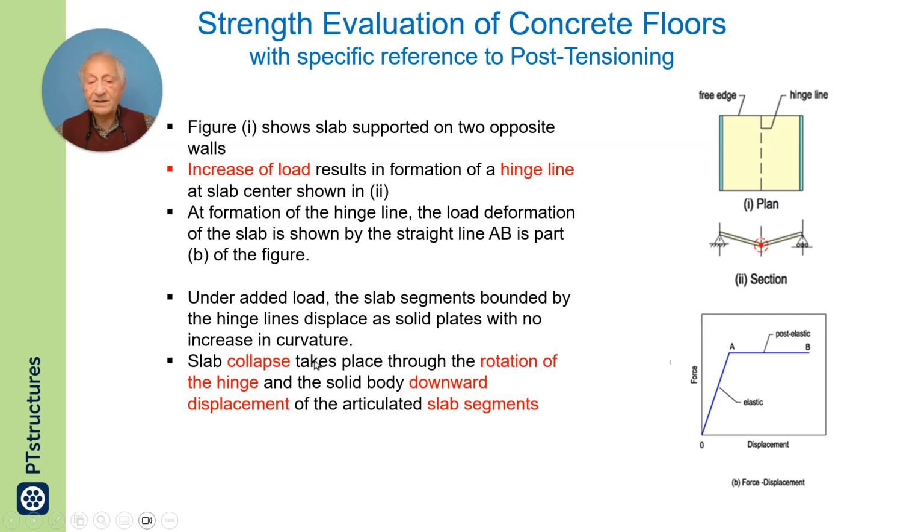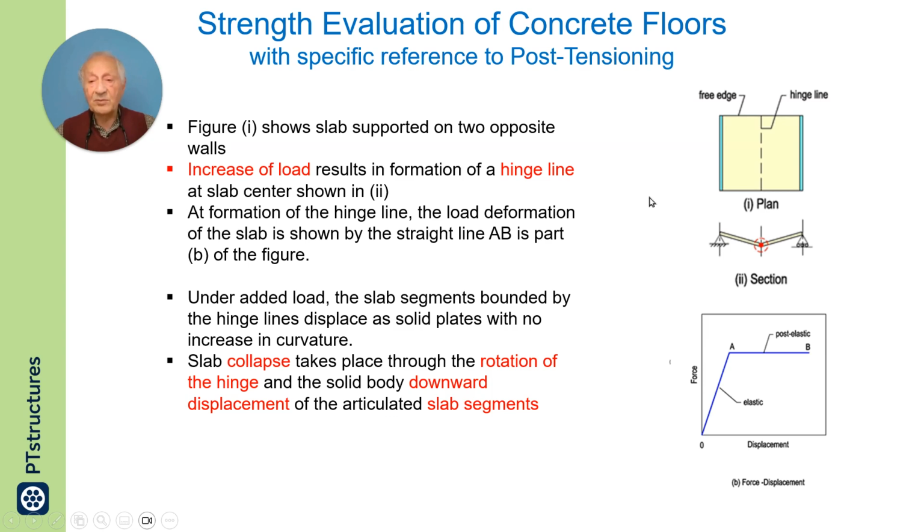Under added load, the slab segments bounded by the hinge lines displace as solid plates with no increase in resistance. Slab collapse takes place through the rotation of the hinge and the solid body downward displacement of the articulated slab segments. Now, what do I mean by articulated slab segments?